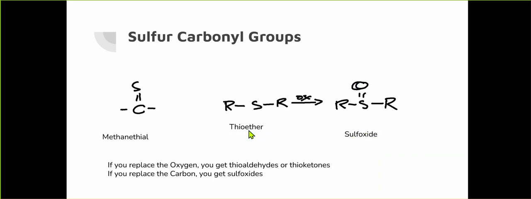And this reaction happens when you take a thioether. Remember we talked about thioethers last week. You have RSR instead of ROR. And if you oxidize this, you will get a sulfoxide. Any questions there?